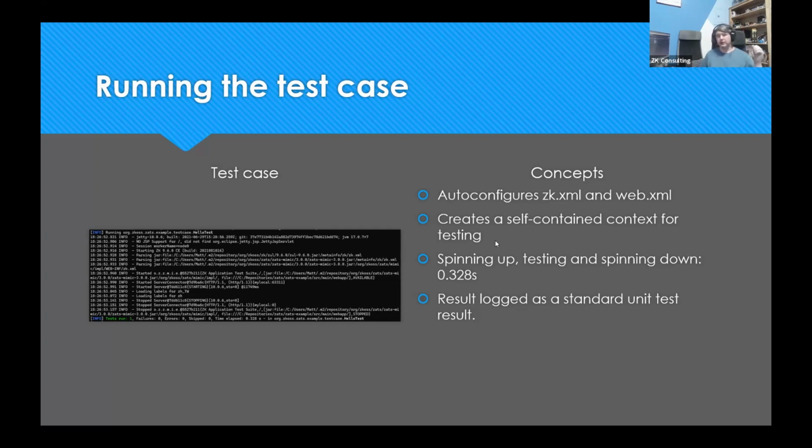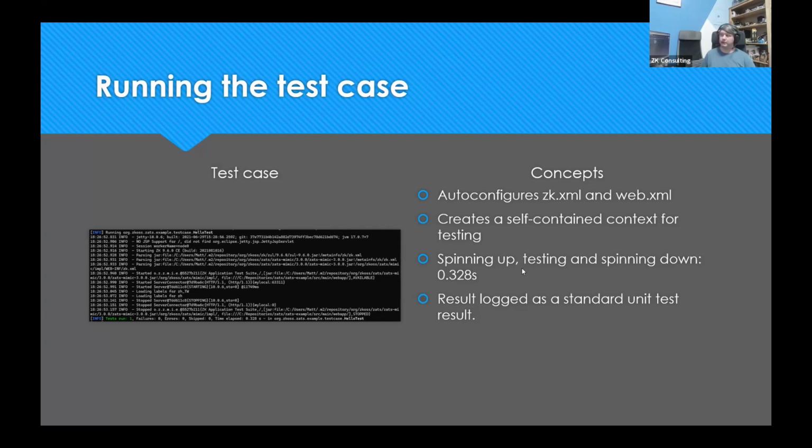What does that do? That creates a self-contained context only for that test, spinning it up, spinning it down for the entire test. In this case, I run it as part of a test series. So I only started the Maven environment once, and just doing that specific test gave me a 0.3 second test speed, which is fairly reasonable.